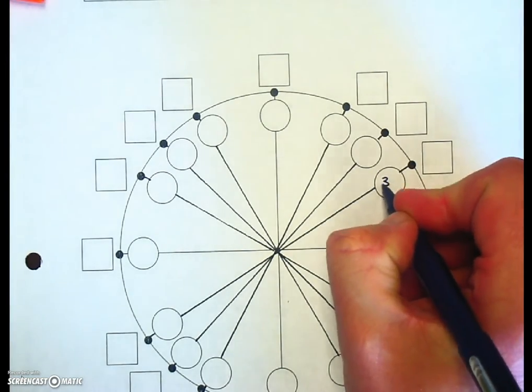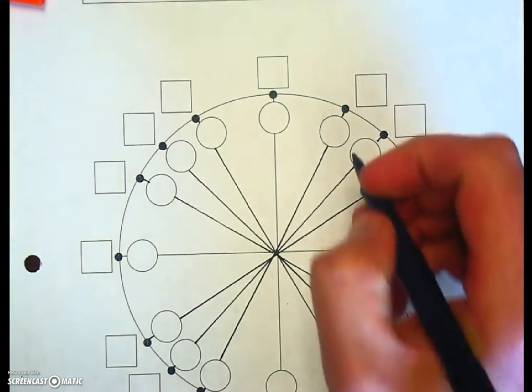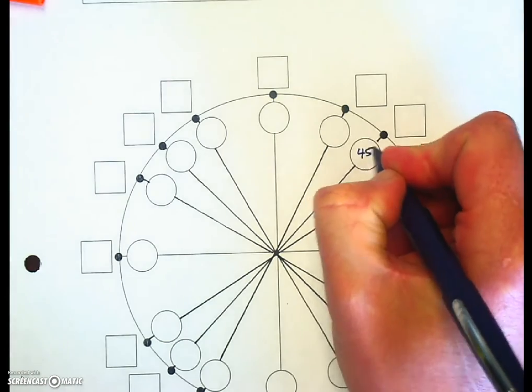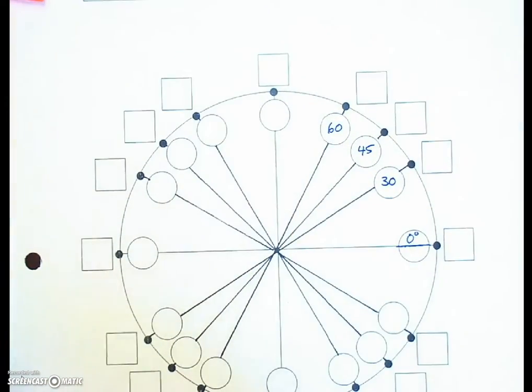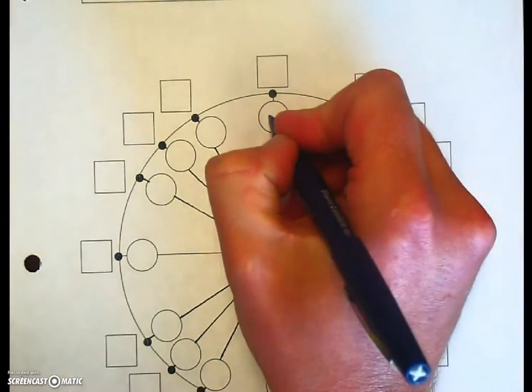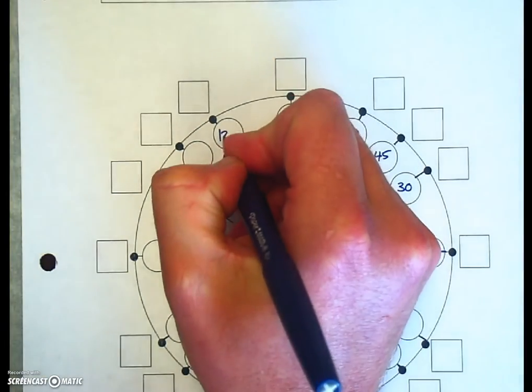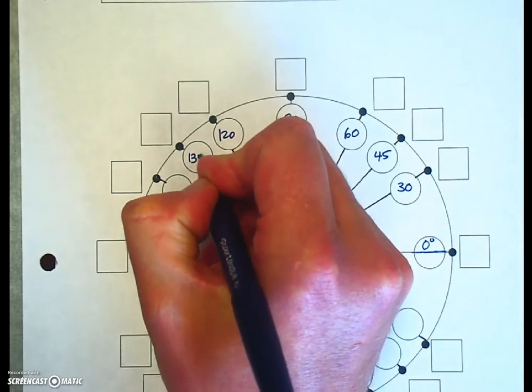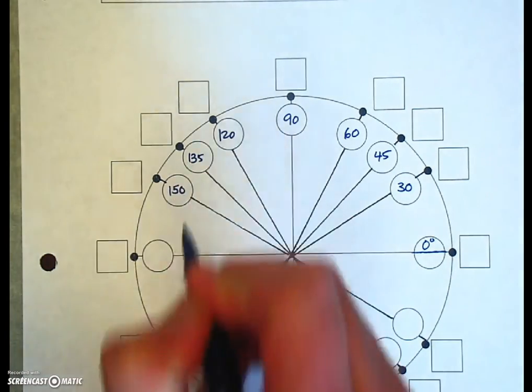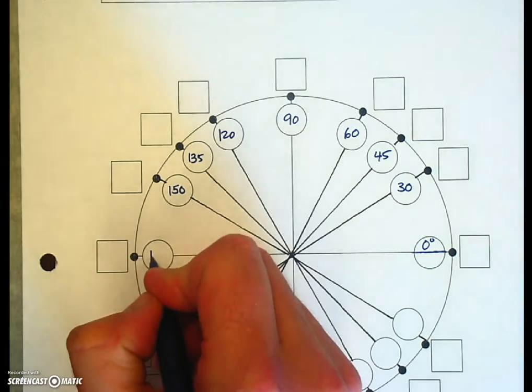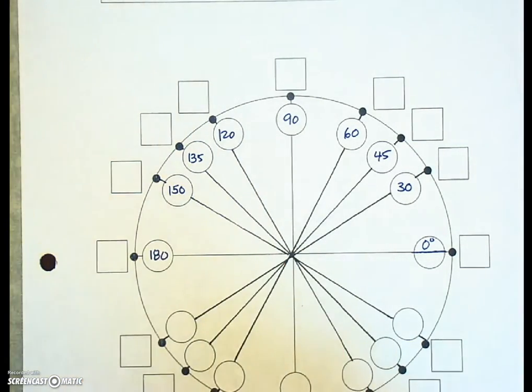This angle is actually 30 degrees. And then we go 45, 60. When we get to the top, we're at 90. Moving over into quadrant 2, we're 120, 135, 150. And then when we get all the way over to this side, we're at 180.